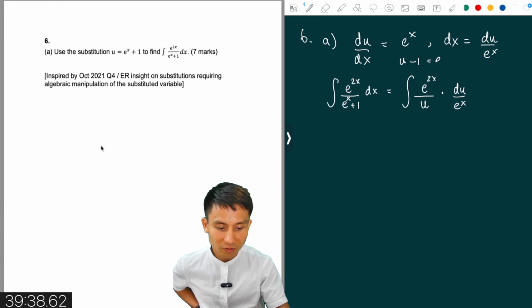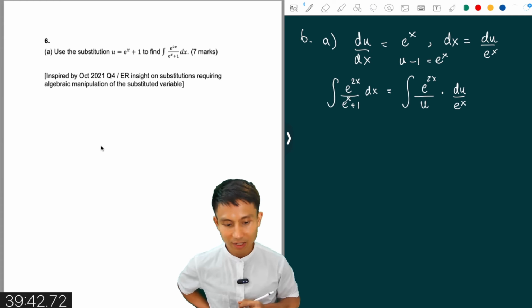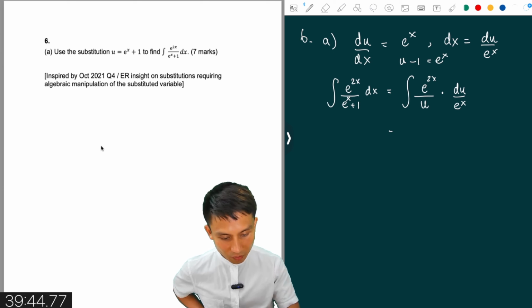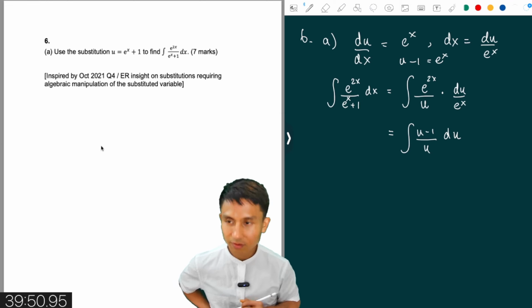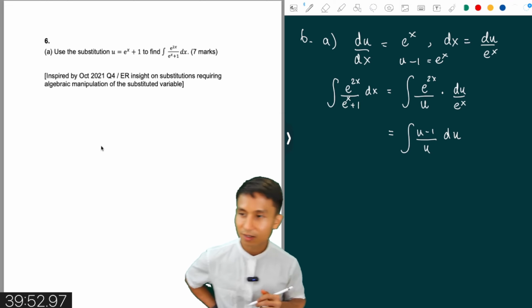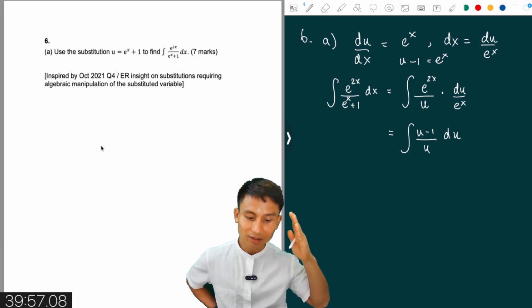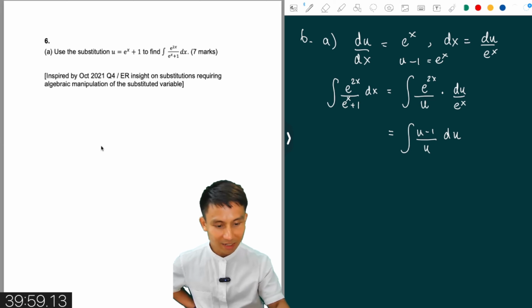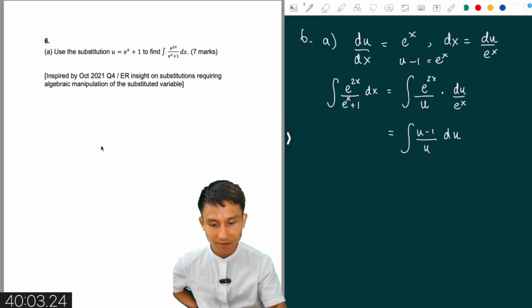If you look at the original substitution there, if we put 1 to the other side, we get e to the x. So that will be integral of u minus 1 over u du, if you do the cancellation there. So again, e to the 2x divided by e to the x, you get e to the x, and then e to the x is this. So that's why I put it here, u being the same here.